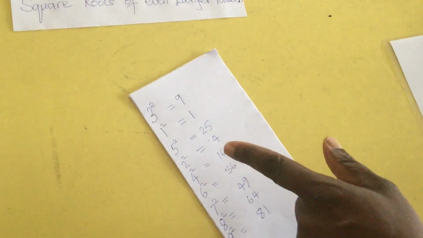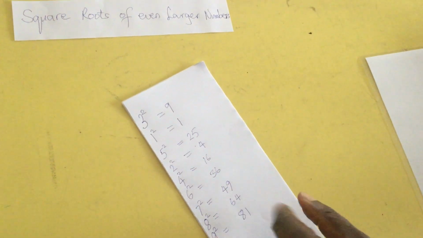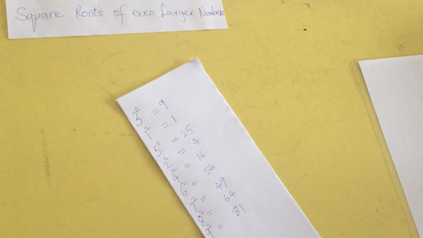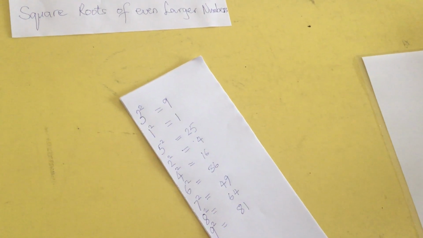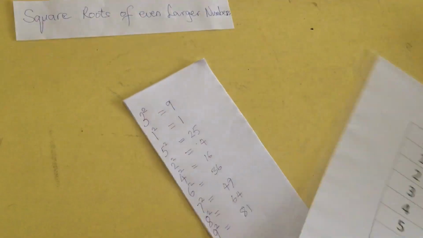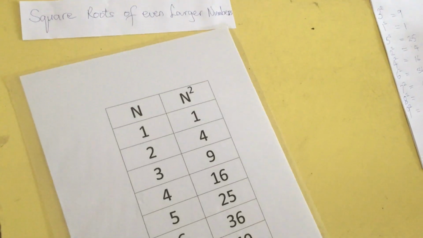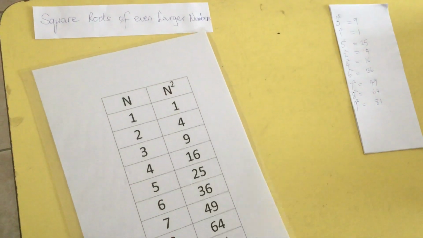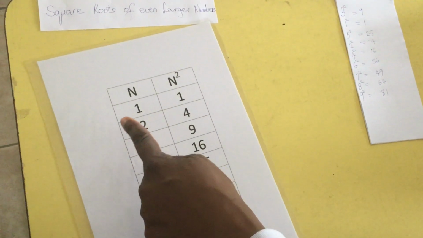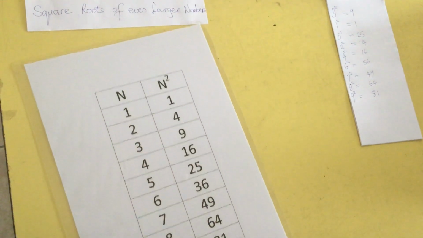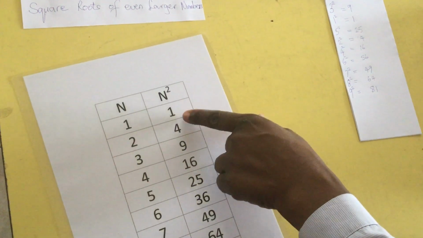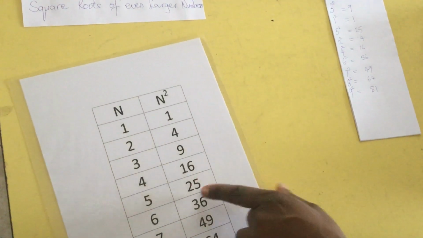So the squares of numbers from 1 to 9 have either 1 digit or 2 digits in them. Let's look at this chart. We call this the n squared chart. If we look at these numbers, we see that their squares have either 1 digit or 2 digits.